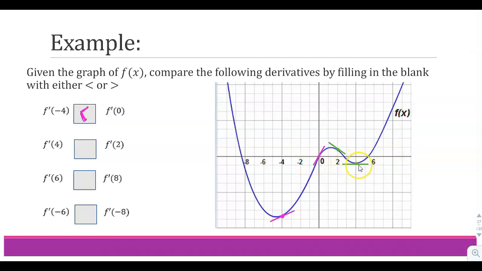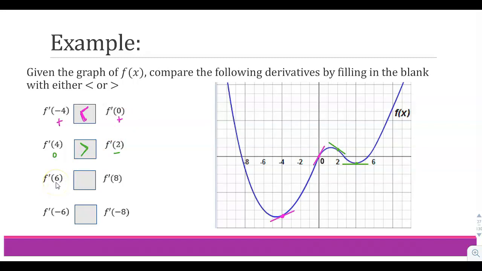So 0 is bigger than a negative number, so that means that f prime of 4 is greater than f prime of 2. So we can just put a little note for ourselves, right? This was 0 and this is negative. And then over here, both of these were positive, but we had to actually think about which one is steeper, which one would be a bigger number.